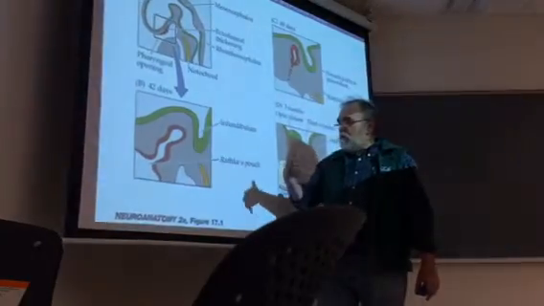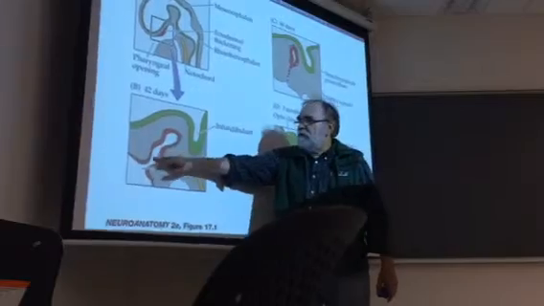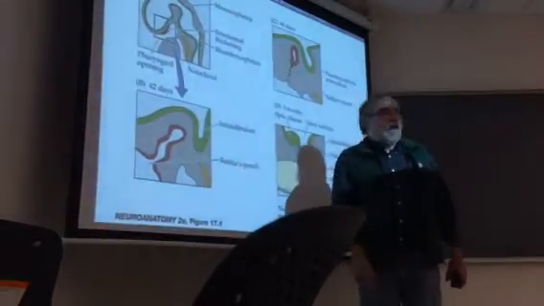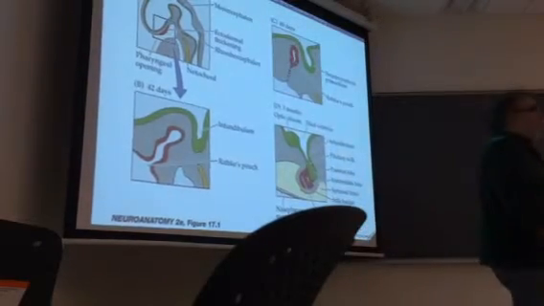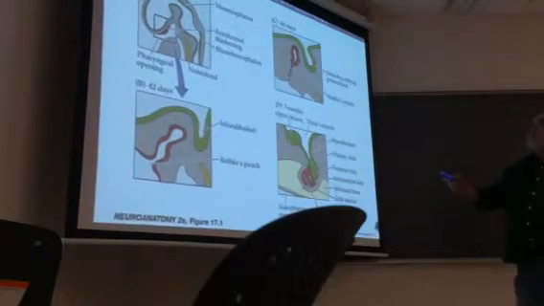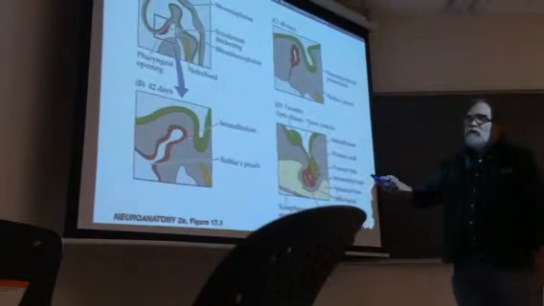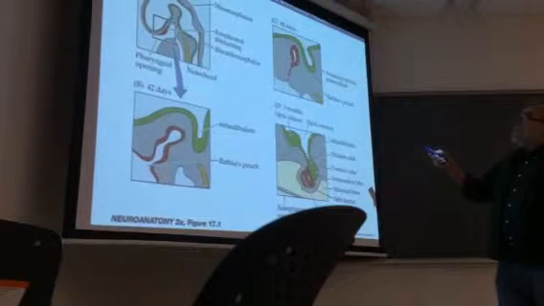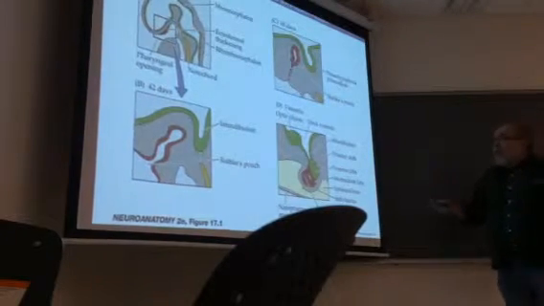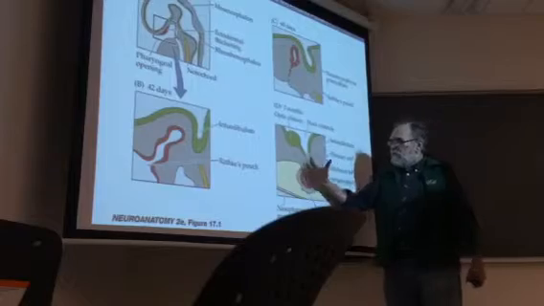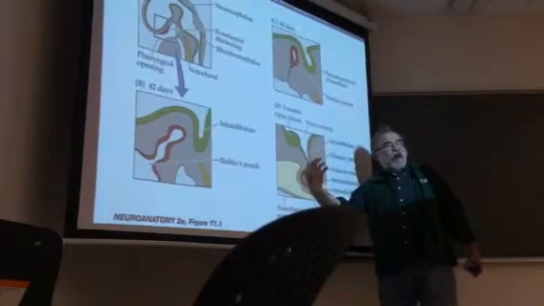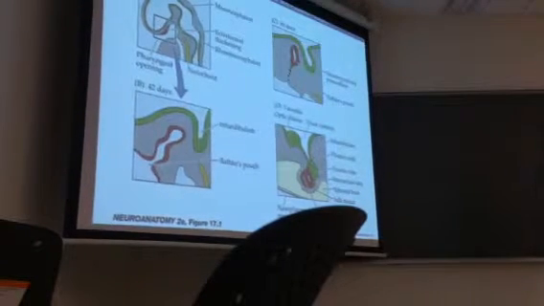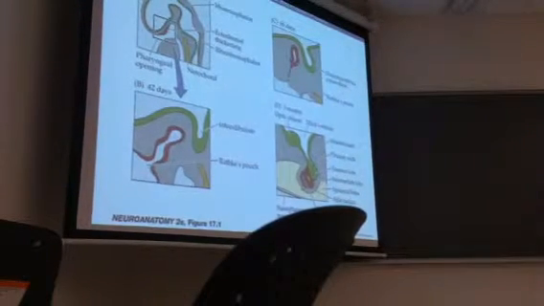Now, from the oral cavity, we have Rathke's pouch here, which is an extrusion of ectoderm, which is going to become the adenohypophysis, or the anterior pituitary. These two are growing towards one another, but Rathke's pouch is going to break off, and it is going to kind of loosely be in contact with what is going to become the neurohypophysis, or the posterior pituitary.